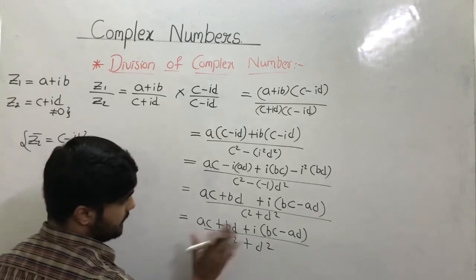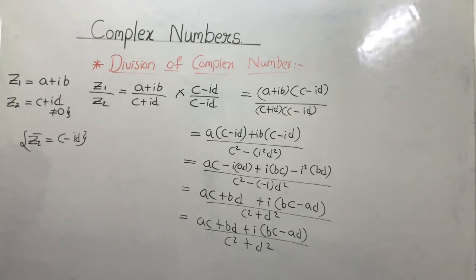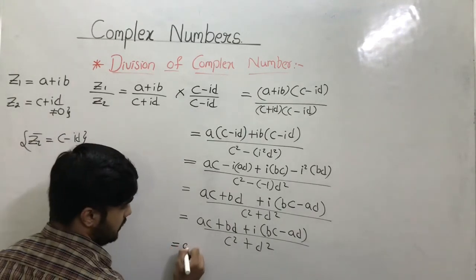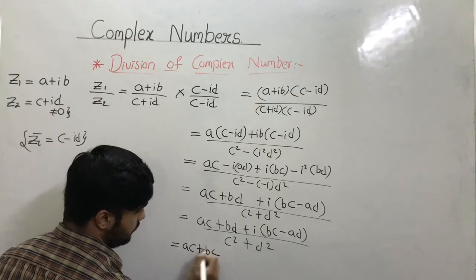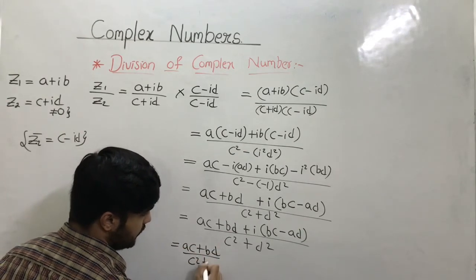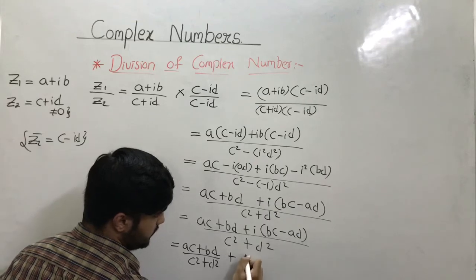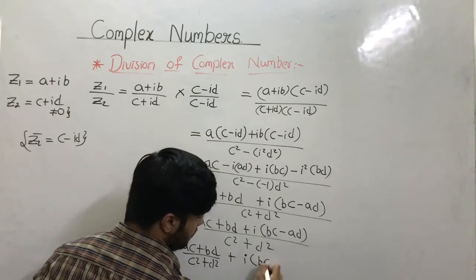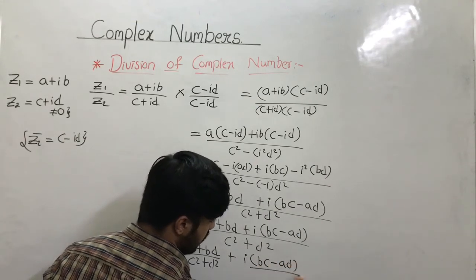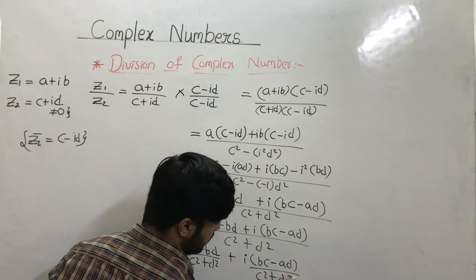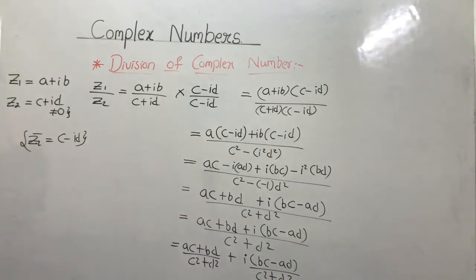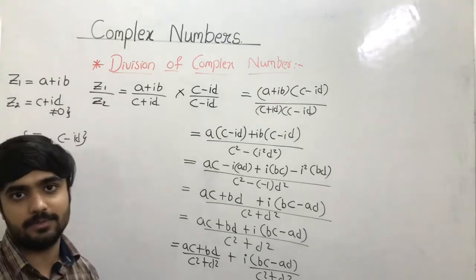That is, the real part we write separately and the imaginary part we write separately: (ac plus bd) upon (c square plus d square) plus i times (bc minus ad) upon (c square plus d square), which is nothing but the division of two given complex numbers.